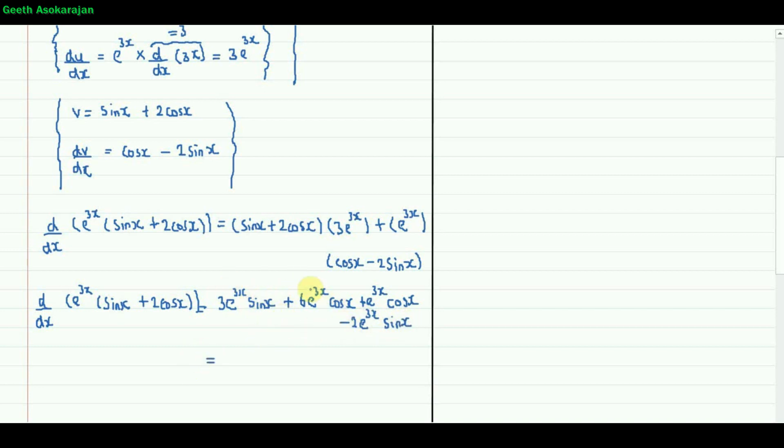This is what we get as a result of multiplying out the brackets in the previous step.